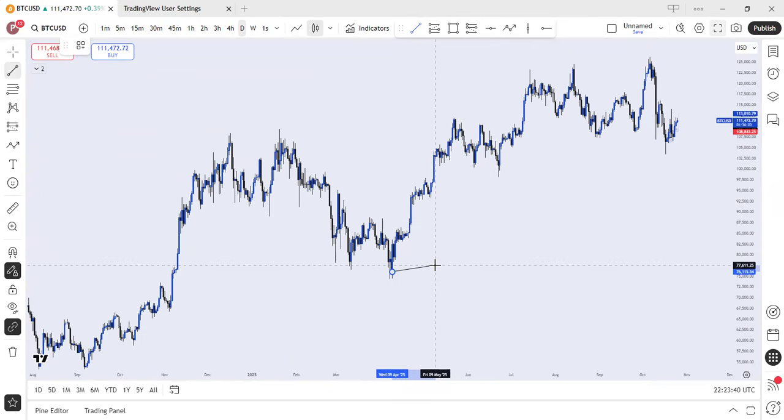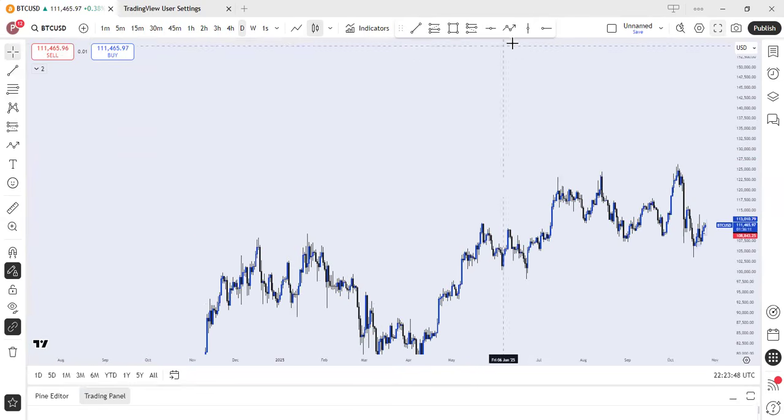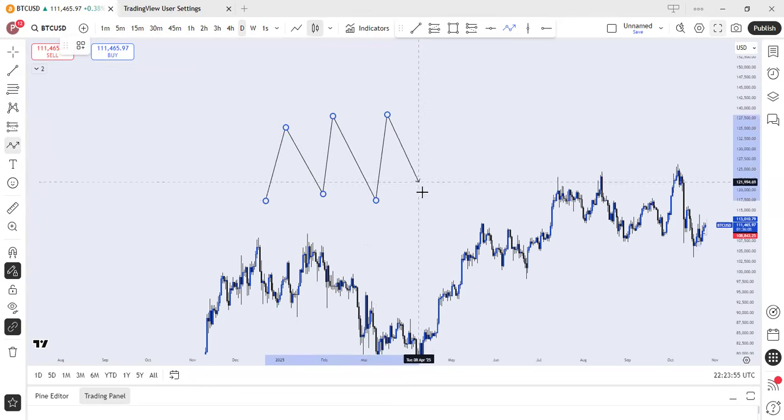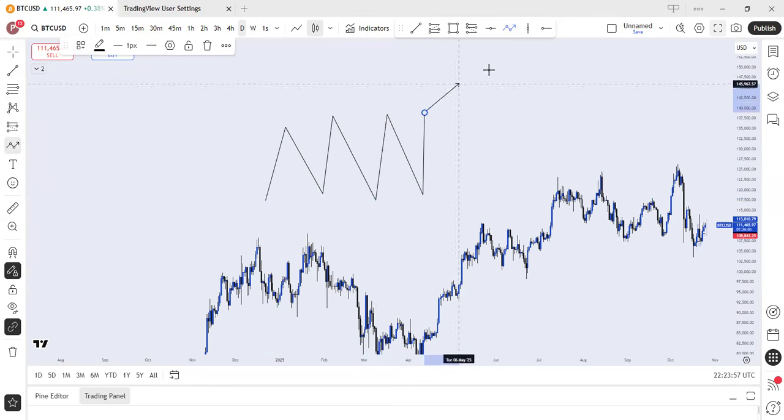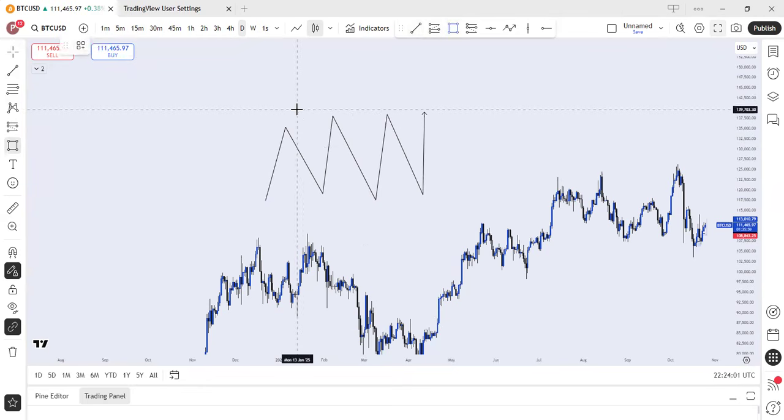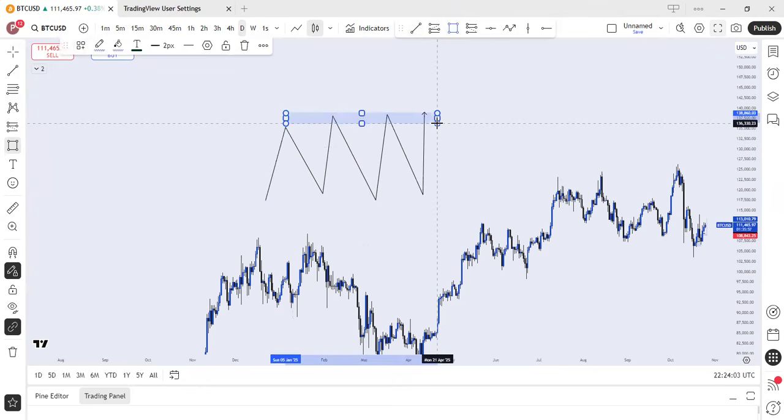Then you move to the other criteria, which is your ranging market. If there is a ranging market, let me give you an example. If you can see a ranging market in your higher time frame like this, right? It is the same thing. So this one here will be your resistance, your support.